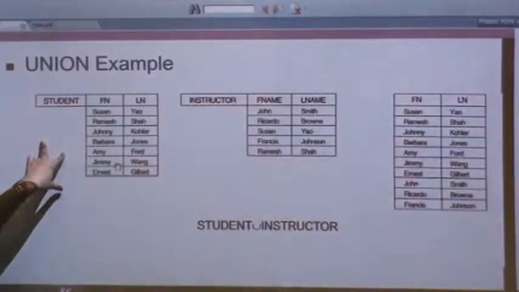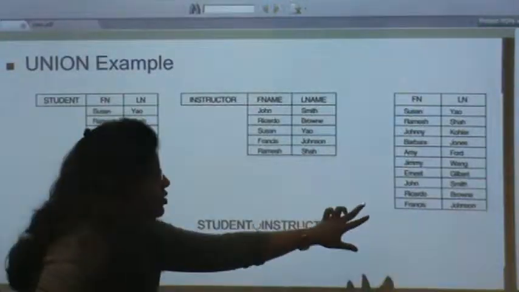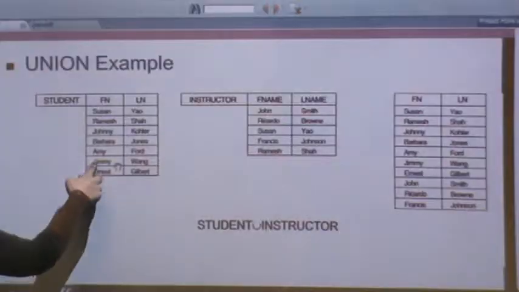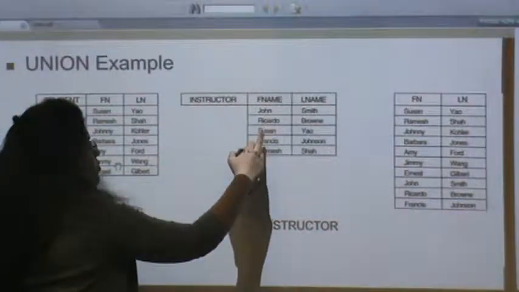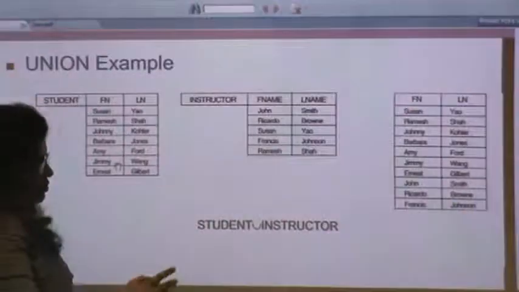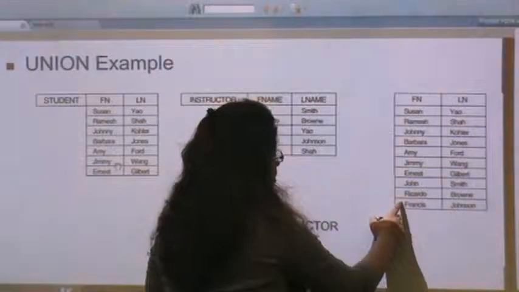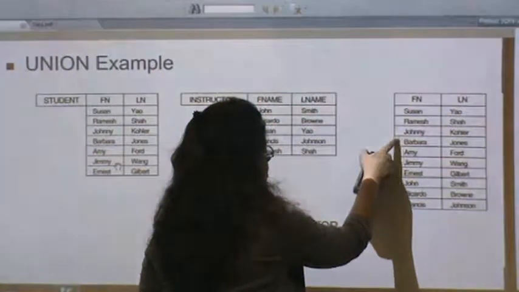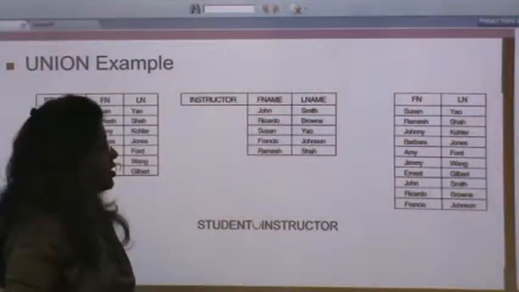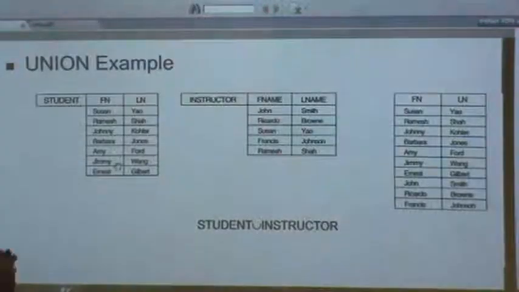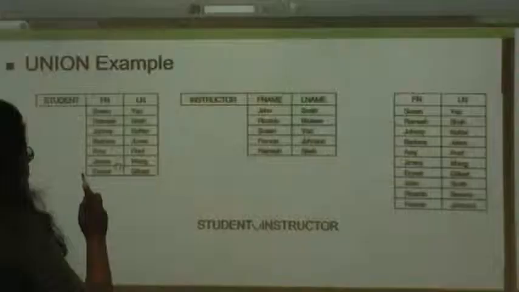So first name and last name when they are doing union, then 1, 2, 3, 4, 5, 6, 7, and 1, 2, 3, 4, 5. So 7 and 5 should normally be 12, but it's not 12. It's 1, 2, 3, 4, 5, 6, 7, 8, 9, 10. One is gone because of duplicates.